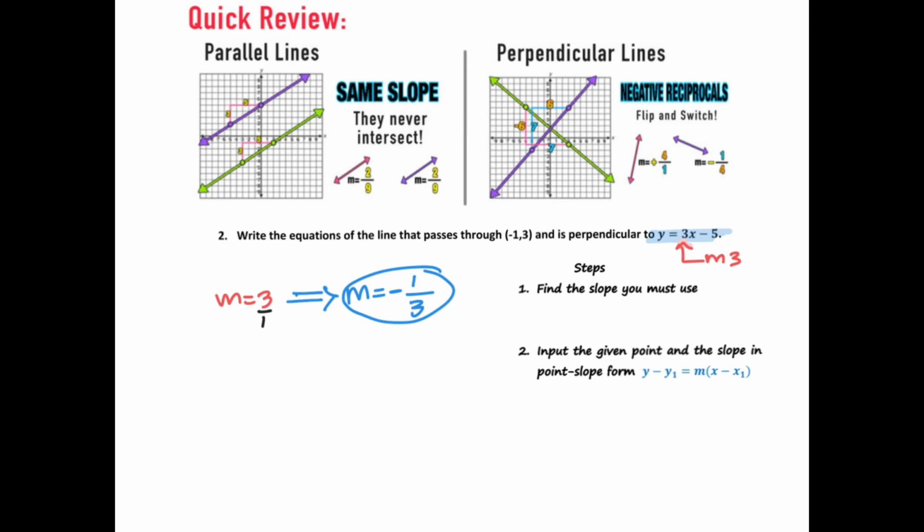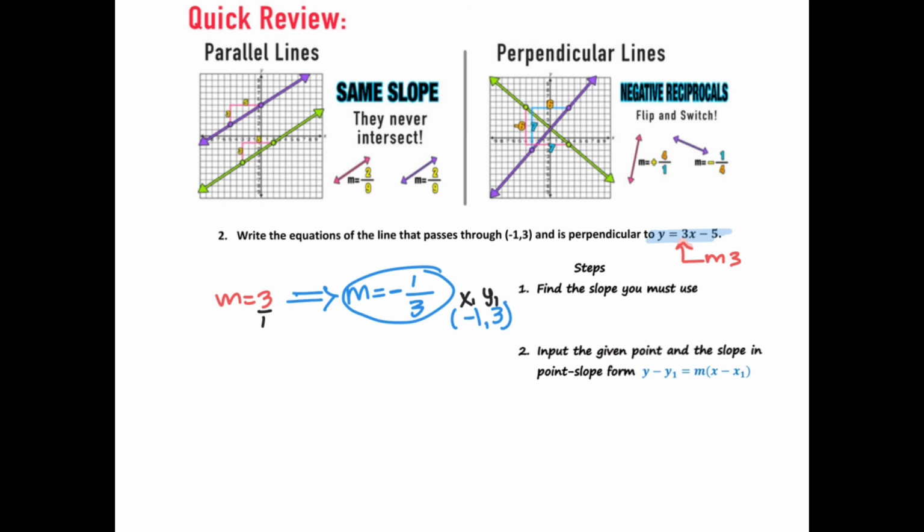Very good. Now I'm going to input the given point and the slope in the point slope form. So the point that I was given was (-1, 3). And let's not forget, this is my x1, this is my y1. So now I know what is my y1, what is my m, and what is my x1.